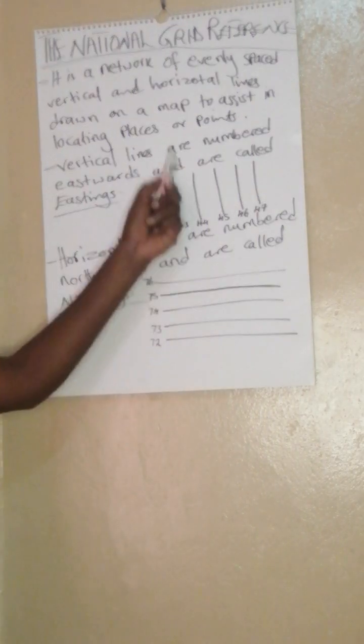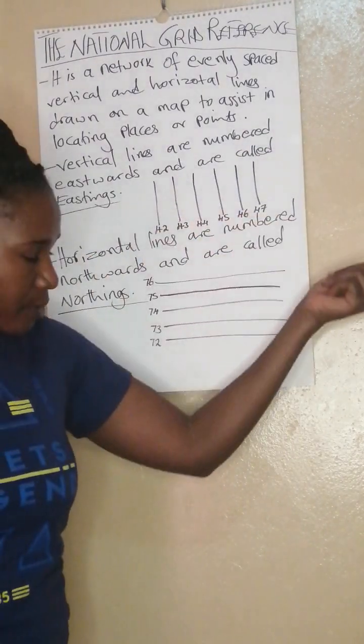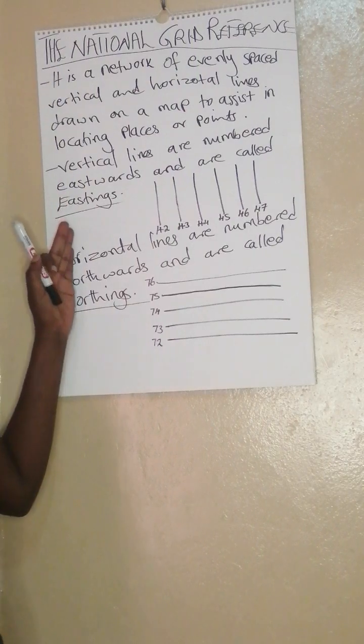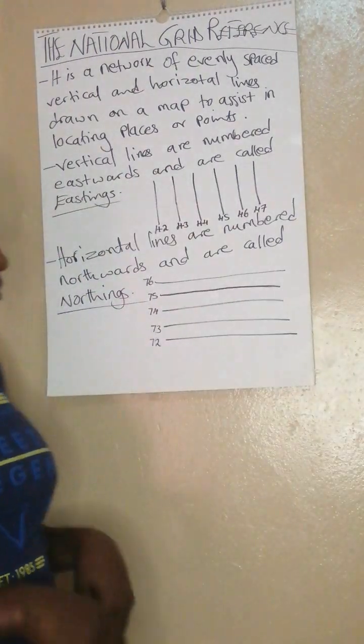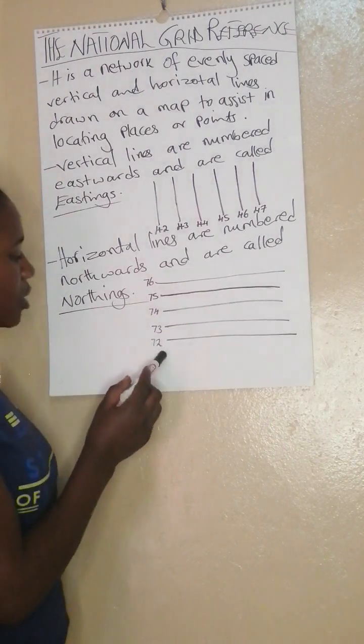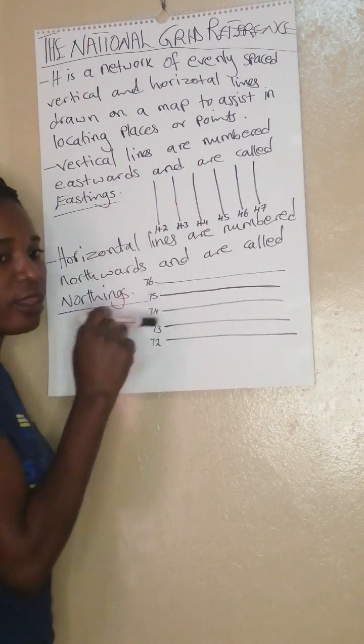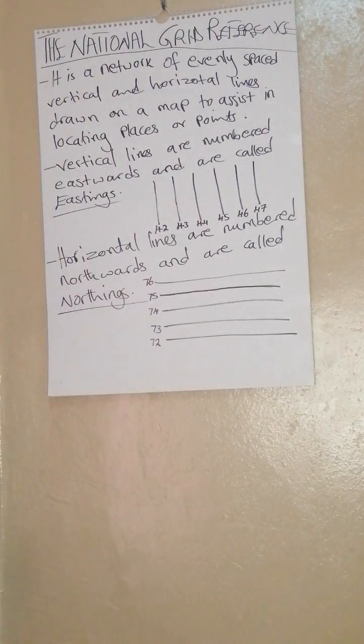Vertical lines are called eastings because they are numbered eastwards. You start numbering from left to right. Then the horizontal lines are numbered northwards, meaning you start from the bottom going up, and therefore they are known as northings.